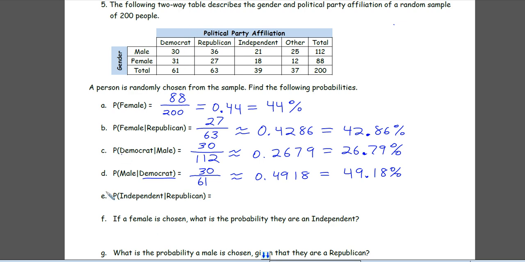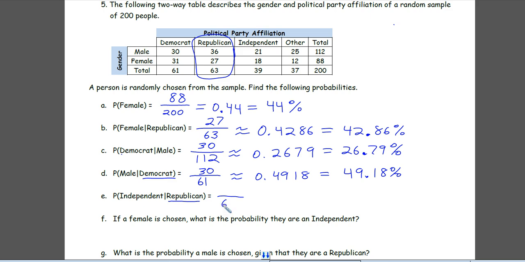Next one, what's the probability that the person that's chosen is an independent if we're given that we know the person's a Republican? So it sounds a little confusing. Probability that they're an independent given that they're a Republican. We know the person's a Republican, so how many Republicans are there? I'm just going to circle these.